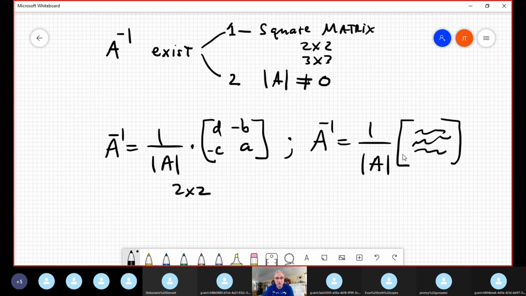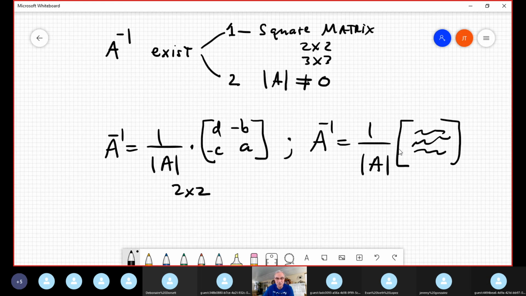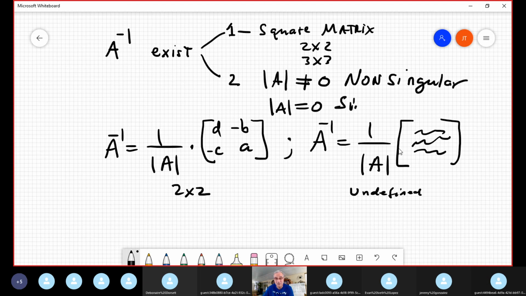But you see, if the determinant is 0, division by 0 is undefined. So this situation is called non-singular. Non-singular is the technical name. A non-singular matrix is when the determinant is not 0, because when the determinant is 0, it's called singular. Don't ask me why this is the mathematical name.